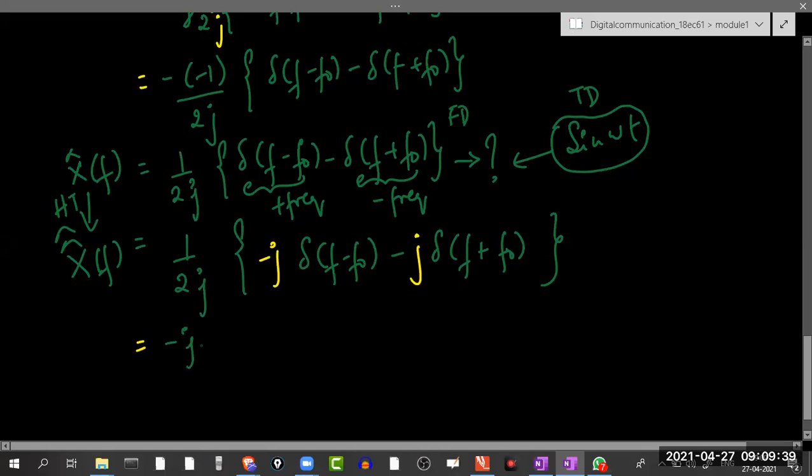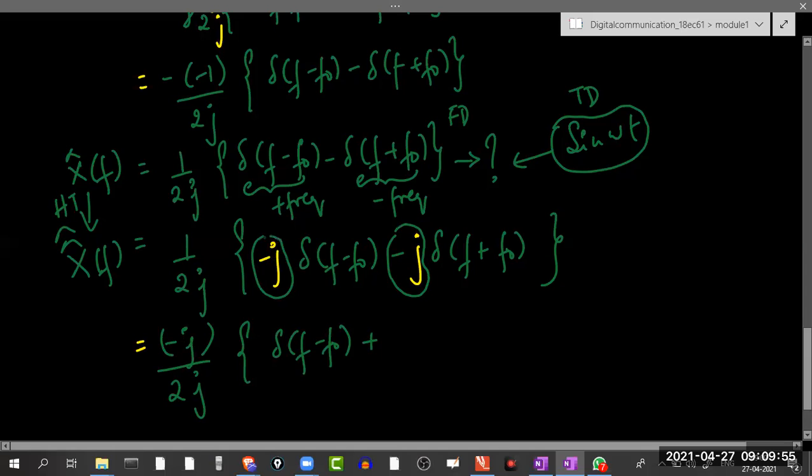Negative j, divided by 2j, and within the flower brackets I'll have delta f minus f naught, and here I'll have plus sign left, because right now I'm trying to take the entire negative j outside, delta f plus f naught.